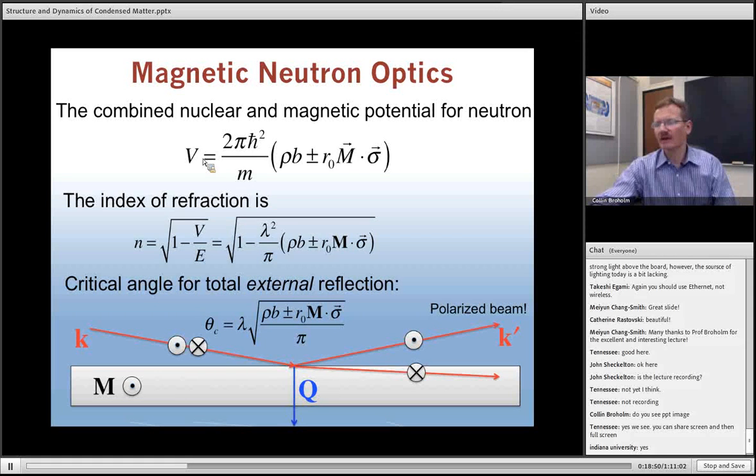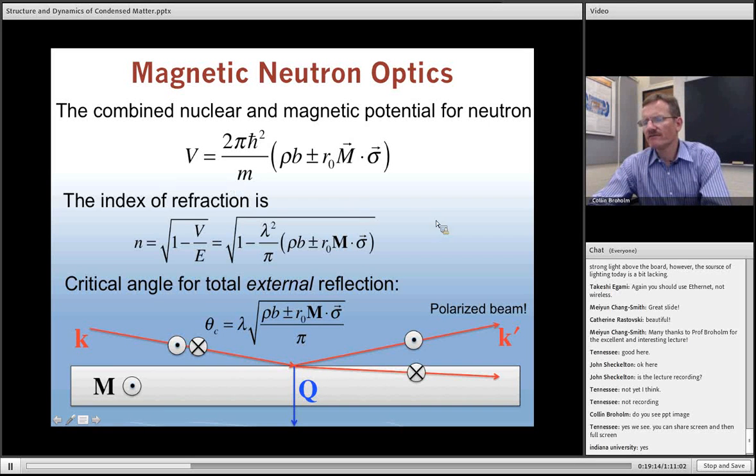And this gave rise to this sort of smeared nuclear potential, which is what I have in the first part of this expression. So 2 pi h bar squared over m times the density of nuclei times the bound coherent scattering length. This is this typically positive potential that is associated with a neutron entering a material.